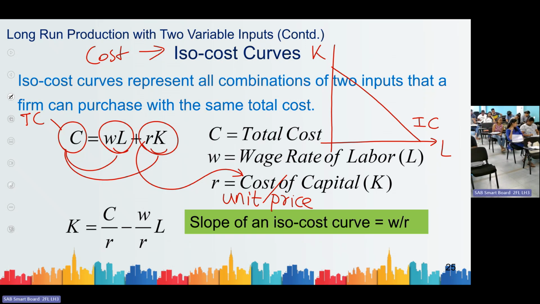So one part of total cost is spent on labor. We calculate it by multiplying W by number of labor units employed, and the rest of the total cost is spent on capital. So that part is calculated by multiplying unit price of capital by number of capital units employed. So we can rearrange this formula in this way.